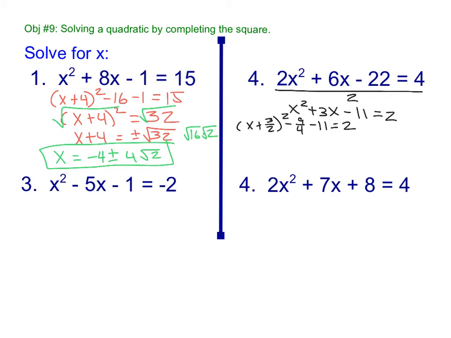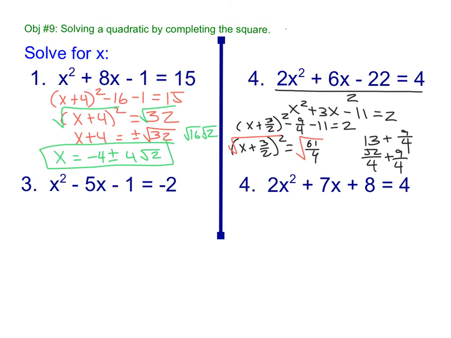So then I have to bring the 9 over 4 and the 11 to the other side. So that's 13 plus 9 over 4. What is that? That's 52 over 4 plus 9 over 4. So that's 61 over 4. So x plus 3 over 2 squared equals 61 over 4. Take the square root of both sides.